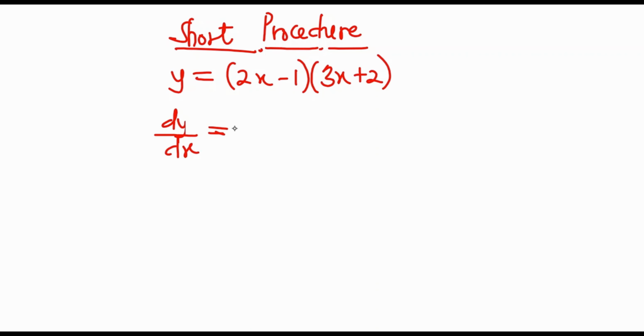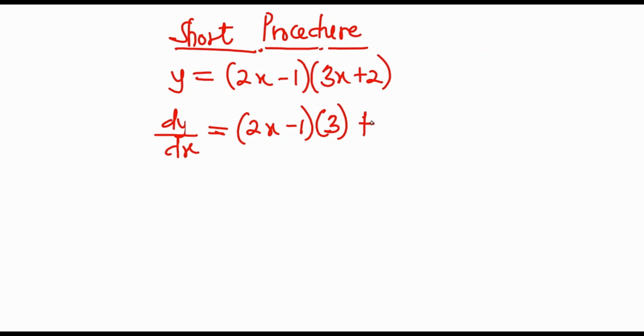So maintaining it means that we write the same thing here. Now we maintain it and differentiate the next function. So when we differentiate the next function, that is 3x plus 2, we have 3. So we multiply by the differential of the second function. Now we are not done fully, but we are done partially.